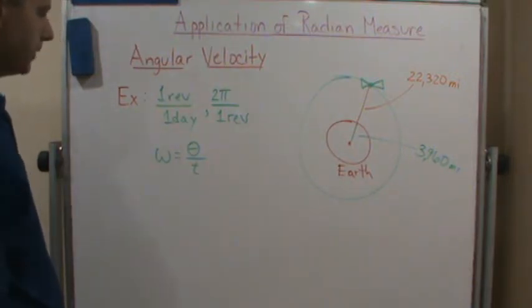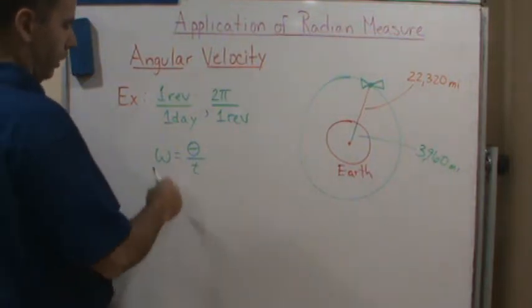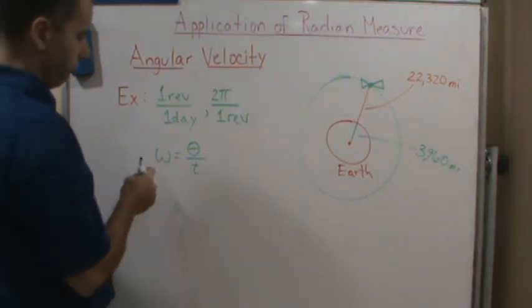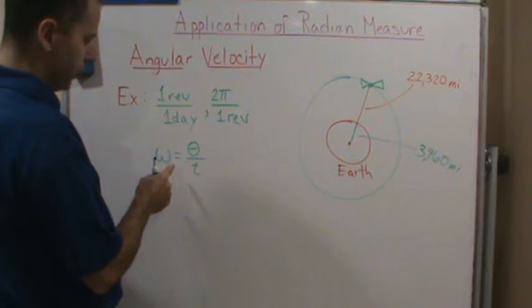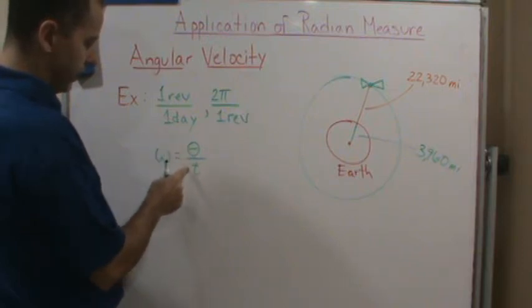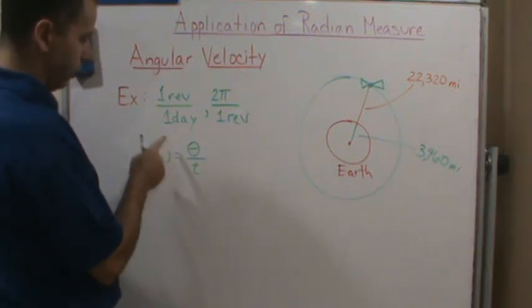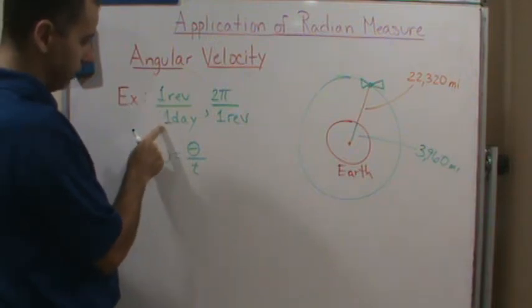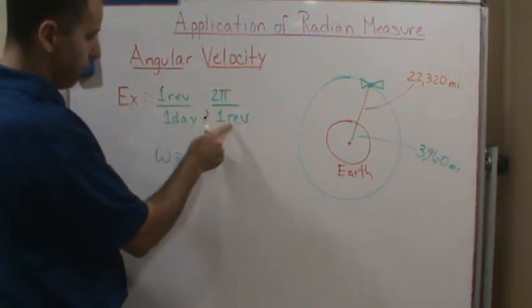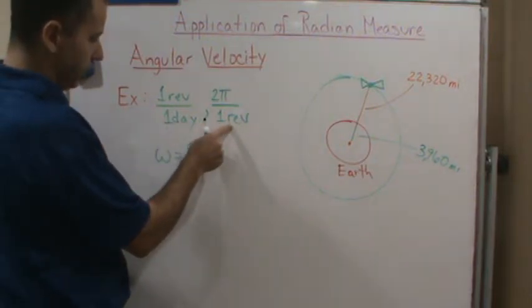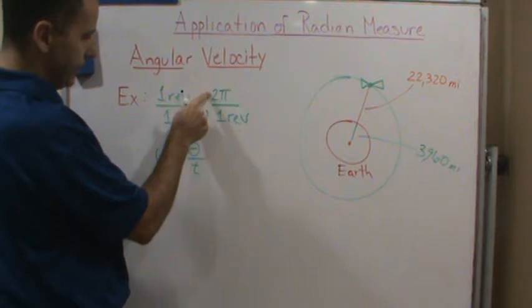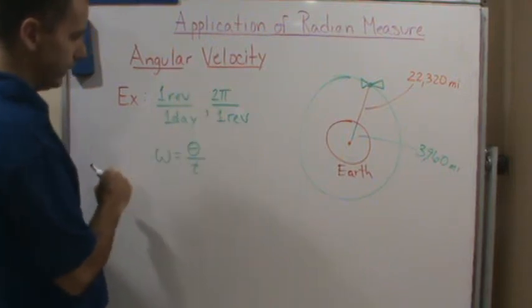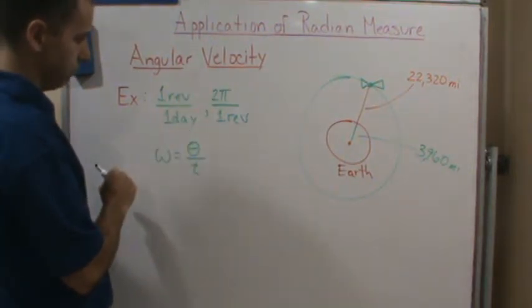Okay, well, let's put this together. So the angular velocity is going to be theta over time. Well, what's time? Well, we know we go 1 revolution for each day. And 1 revolution is the same as 2 pi radians.